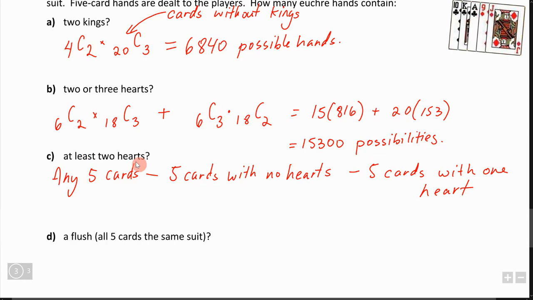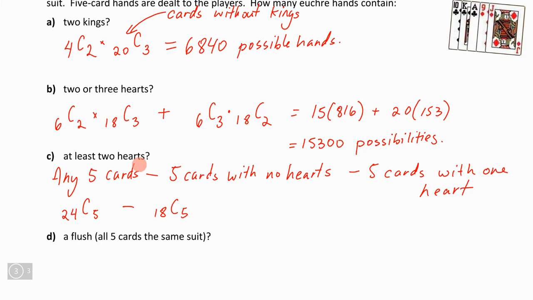Okay, so there are 24 cards, choosing 5 of them, minus 18 choose 5. Sorry, there are 6 cards with hearts, so there are 18 cards with no hearts, I should say. I said that incorrectly. And then 5 cards with 1 heart.